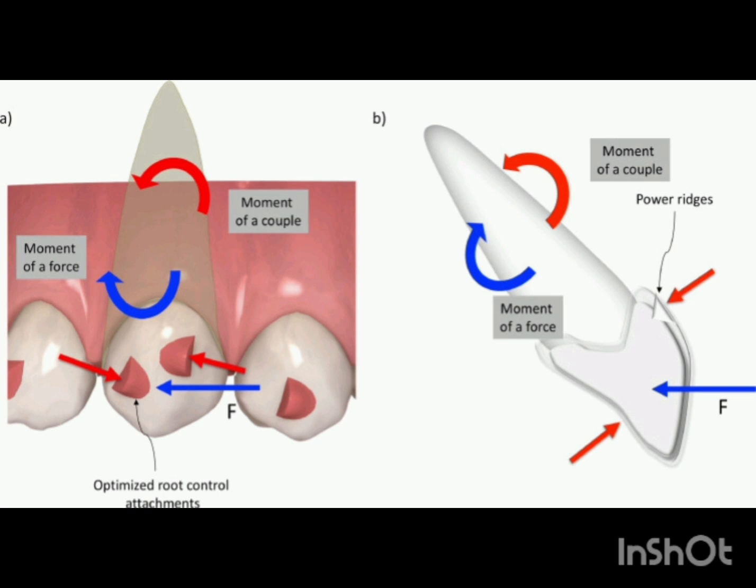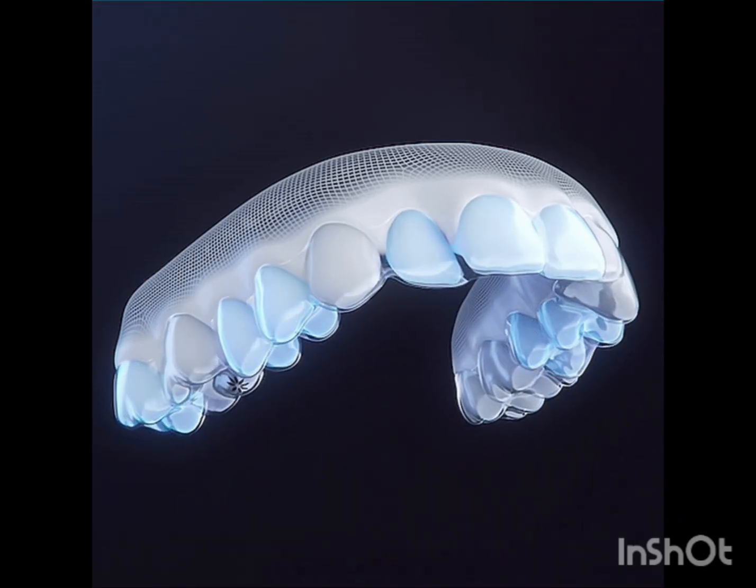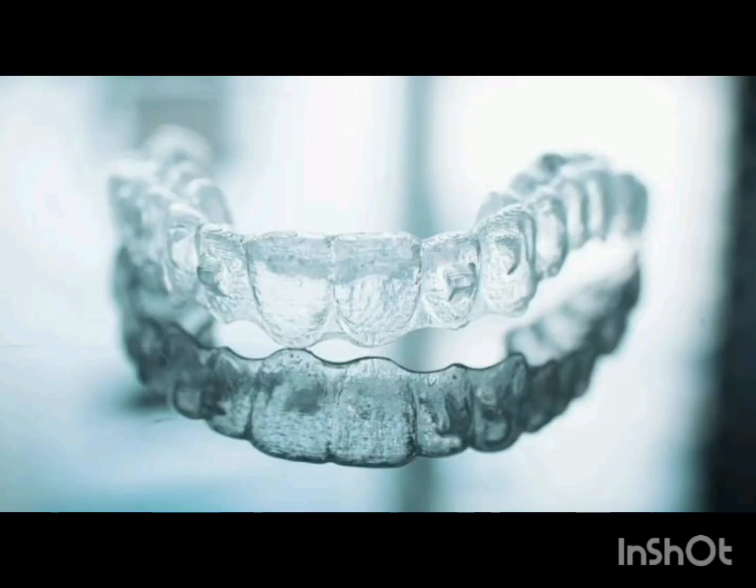These forces can be used to produce tipping, rotation, translation, intrusion, extrusion, and torque. However, the magnitude and direction of these forces depend upon the material properties and aligner thickness, geometry, tooth anatomy, attachment, and the amount of programmed movement that has been built into the aligner.